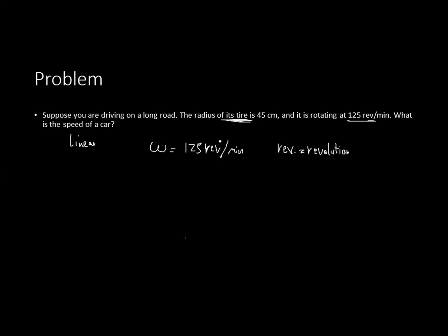So here, for us to find the linear speed, we're going to use this one. Because we have the radius and we have the angular speed to find the linear speed. But you see, this is supposed to be in what? In radians. You need to convert this one into radians.